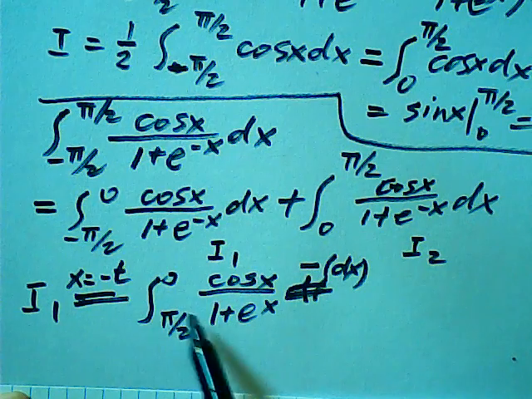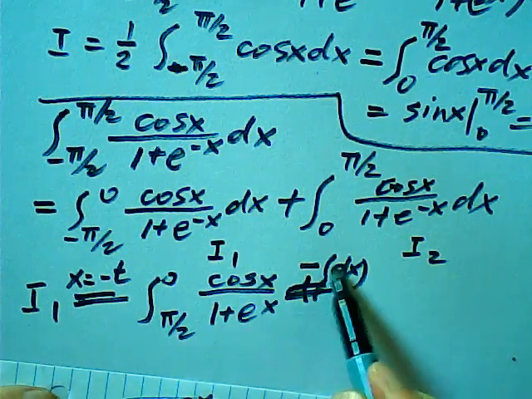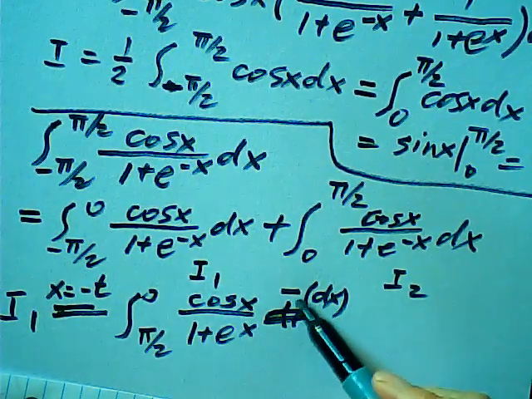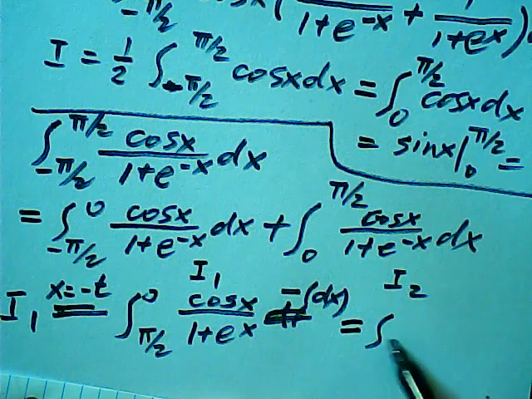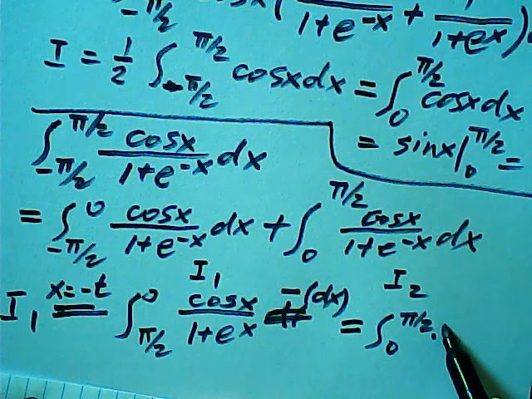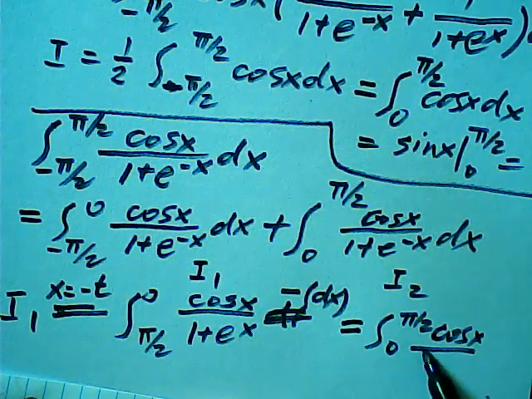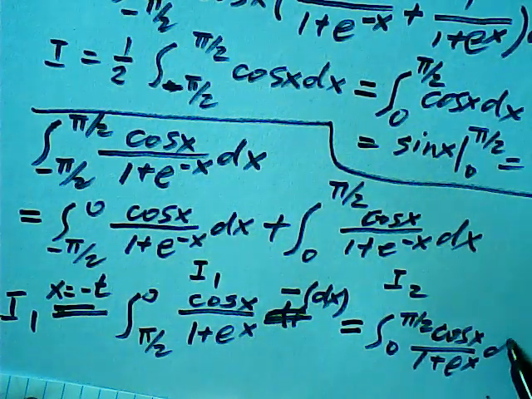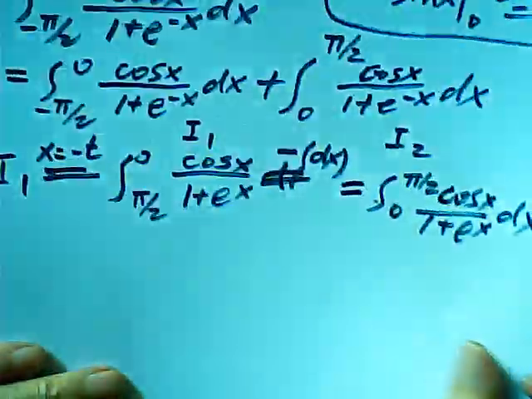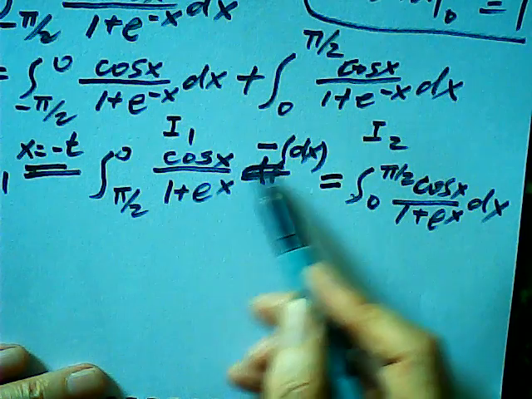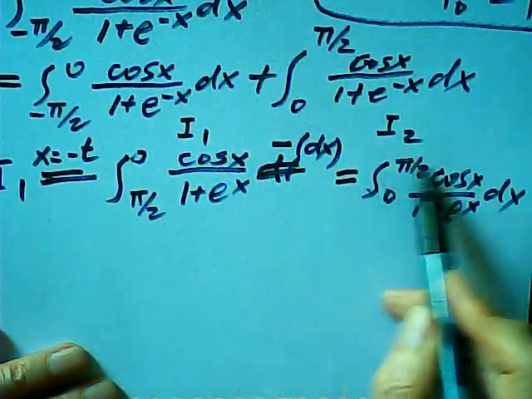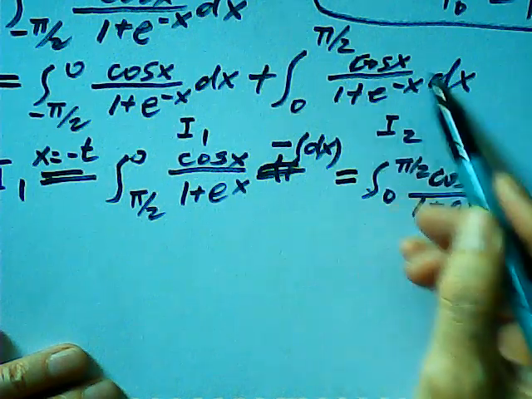Change t for x. And then switch that one by deleting this negative out. It becomes 0 to half pi cosine x dx. Well, I did t earlier and switched t for x, but they are dummy variables anyhow. So this is I1, this is I2.